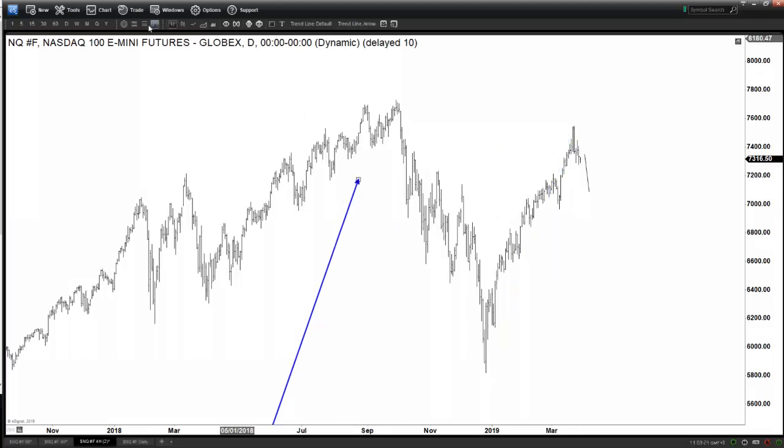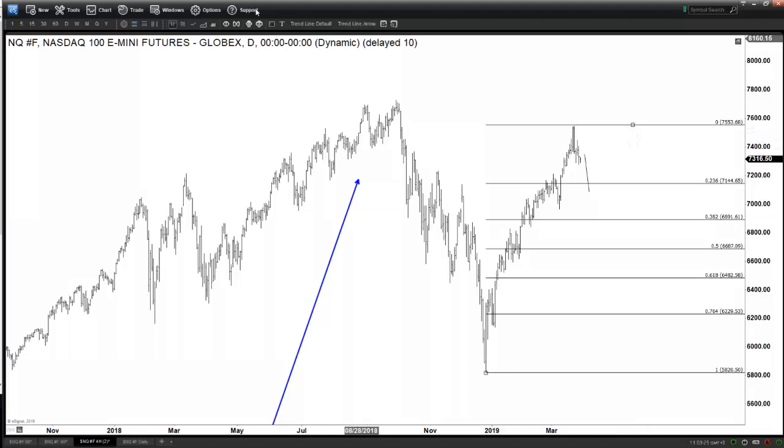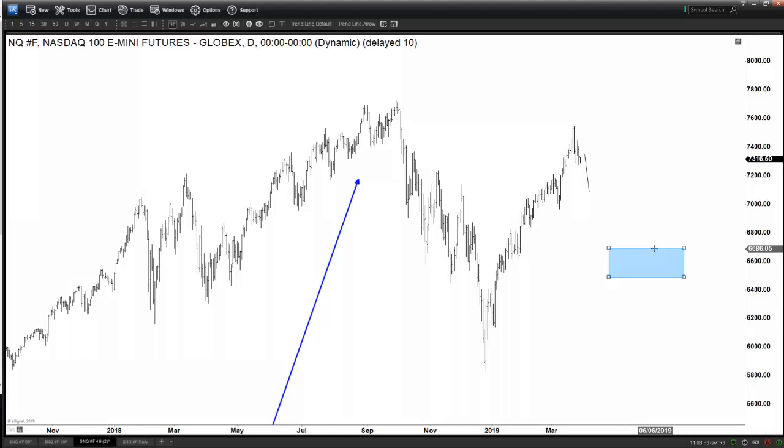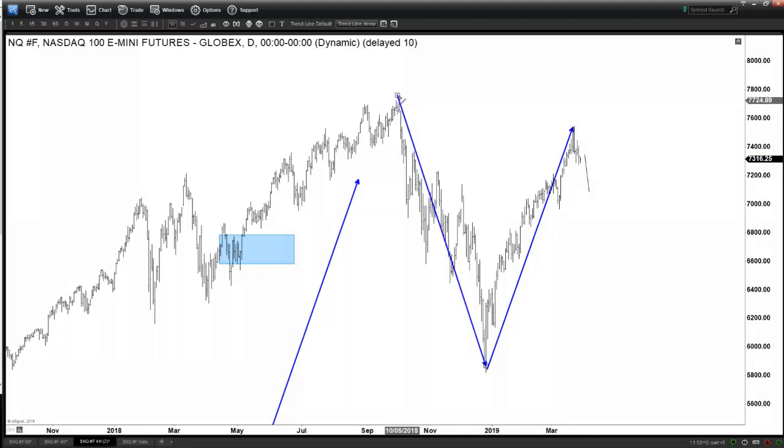We could be doing a larger pullback to correct this entire rally. Now potentially then where can we go? Well, if it corrects, let's say 50%, we can potentially go to at least this area, 64.82, 66.87 at least, right? Or in the worst case scenario, then this entire rally is just a correction of the initial decline that starts from last year.